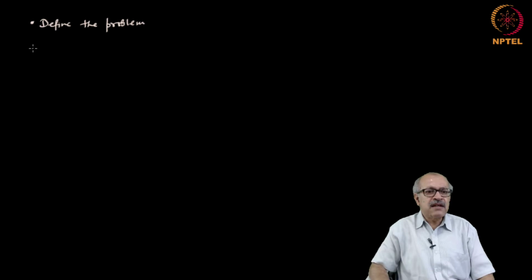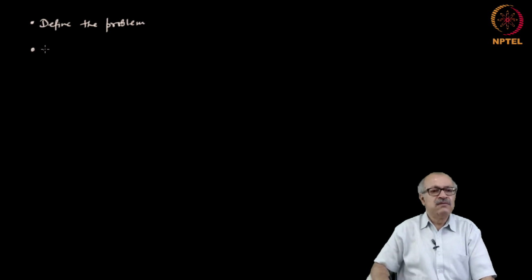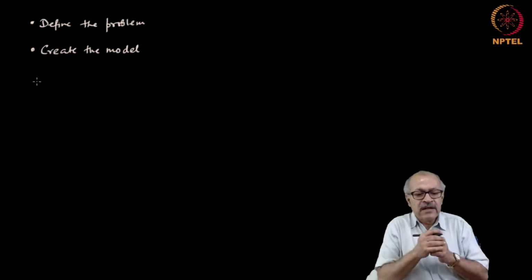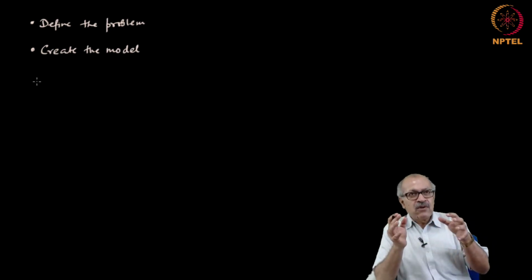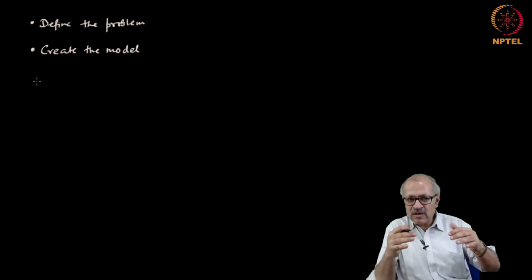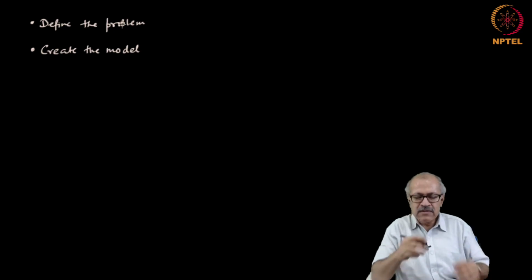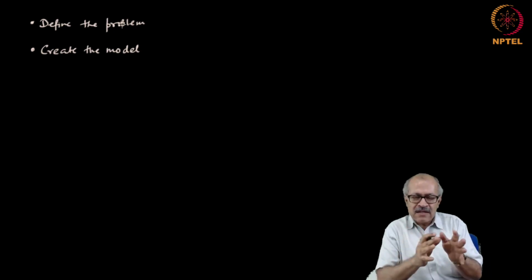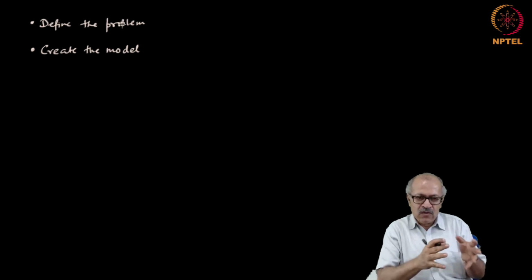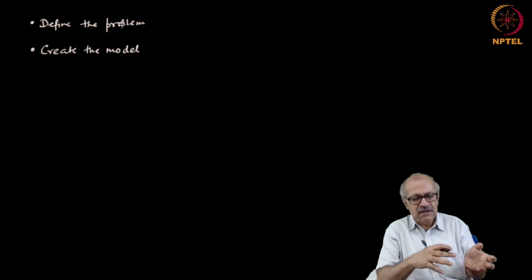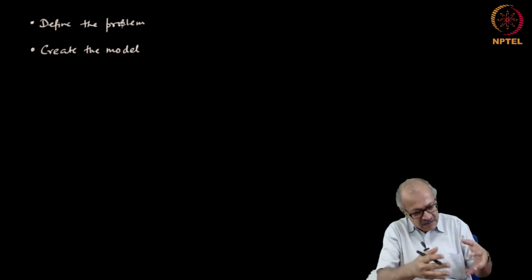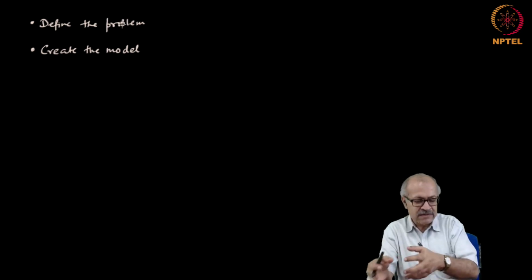The second issue is then you have to create the model. Before we go into that, let me clarify the things that I just said under defining the problem. I said that there are some dependent variables and some independent variables, but there are also variables and parameters. What are these?